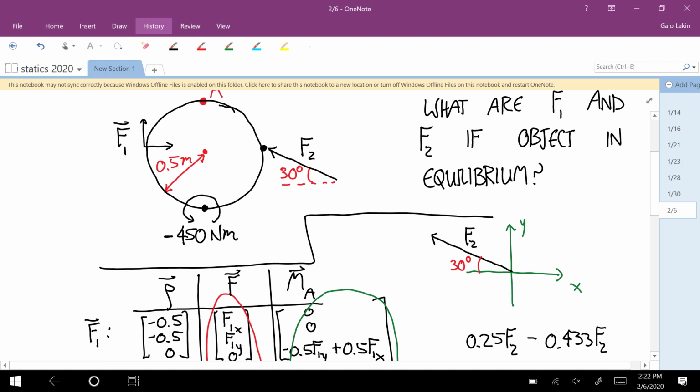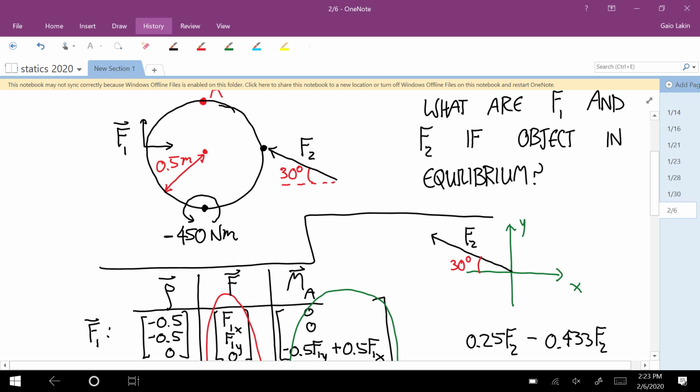Like here, it might be attached to the cement or something. And here, it might have a hinge joint or something. And here, a pole might be pushing on it. So how do you go from the way that it's attached to its surroundings to figuring out how to represent those attachments as loads? That's going to be a really key thing in this class.